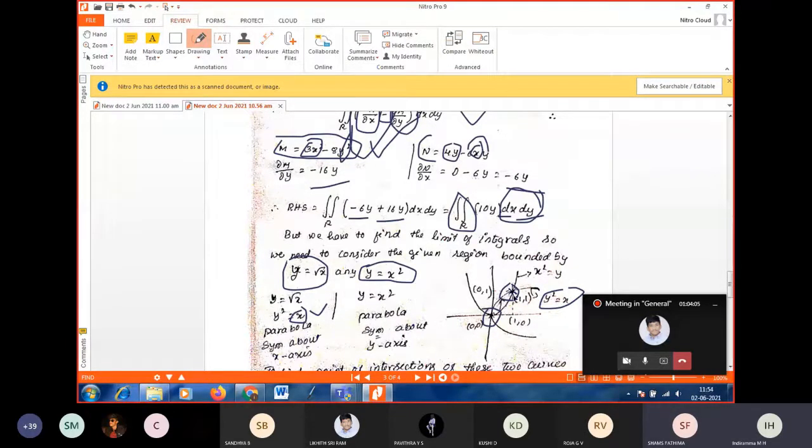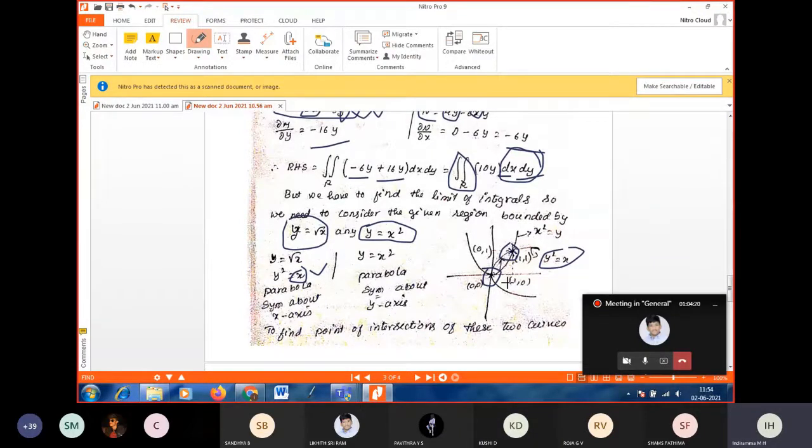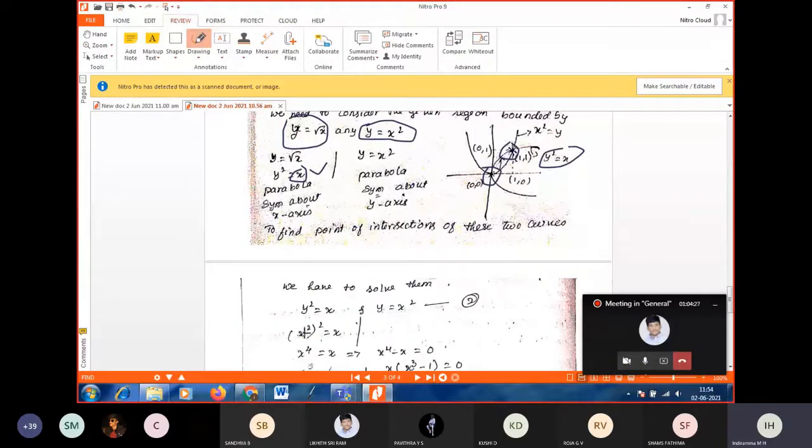You studied this in your PU. To find the point of intersection of these two parabolas, we have to solve the two curves.